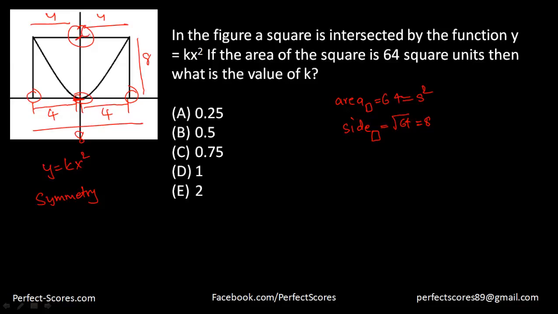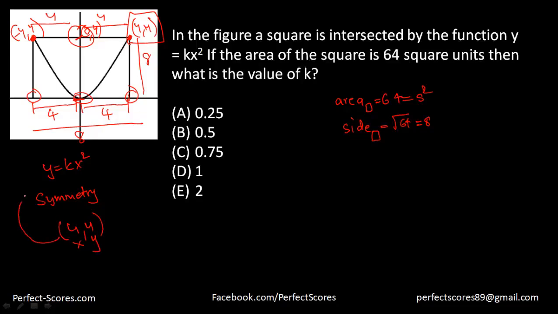That means this over here is going to be x equal to 0 and y equal to 4, and this is going to be x equal to 0 and y equal to 0. This point over here is going to be 4 comma 4. This point over here is going to be negative 4 comma 4, and these 2 points lie on the function, which means 4 comma 4 is on the function.